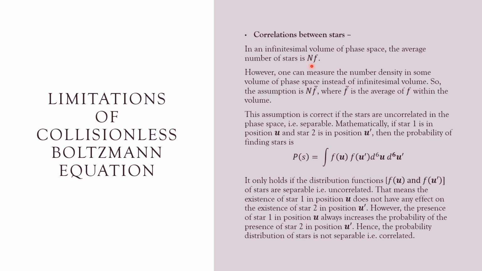However, in practical observation, we have experimental limits, and we cannot take a measurement in infinitesimal volume. Instead, we measure the number density in finite volumes of phase space, leading us to consider the average distribution function denoted as F bar within that volume.